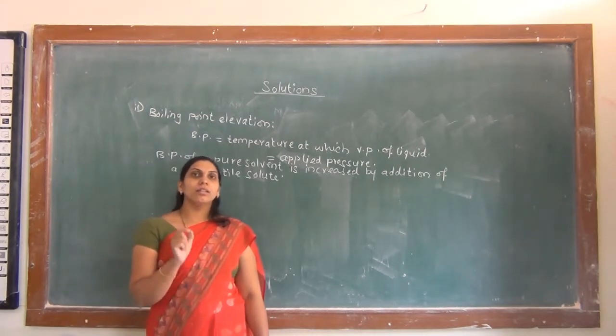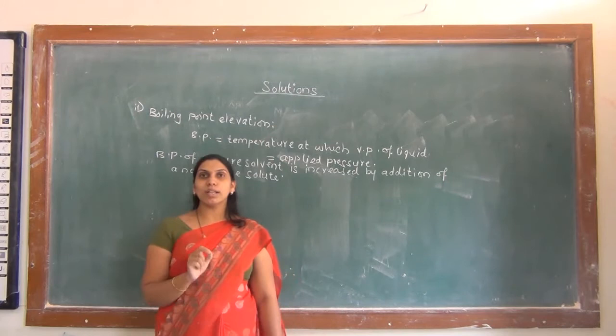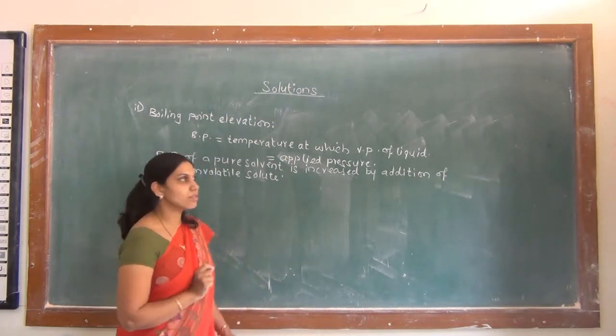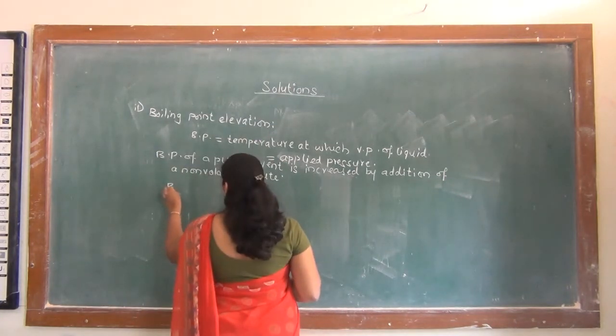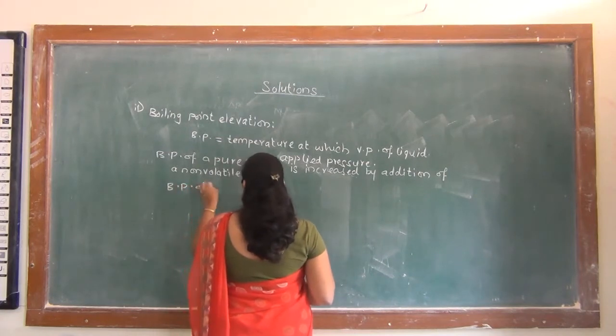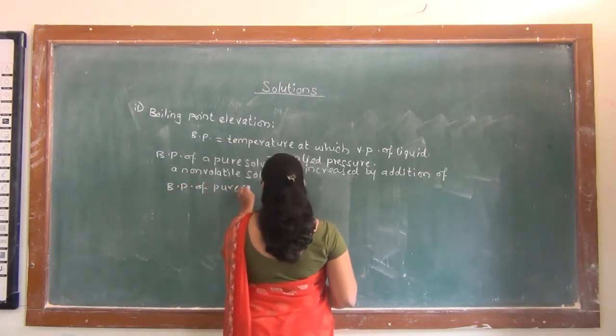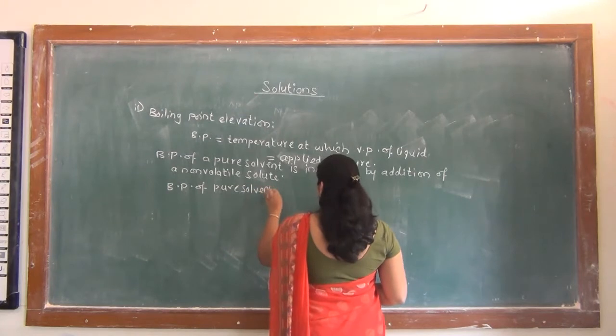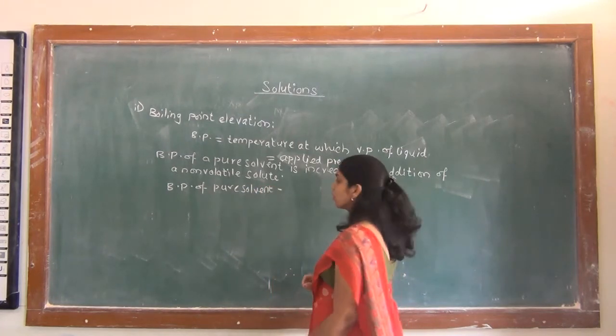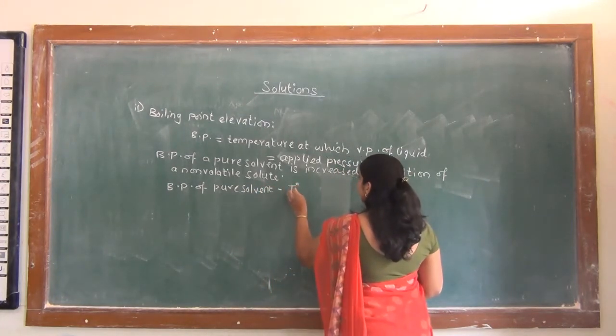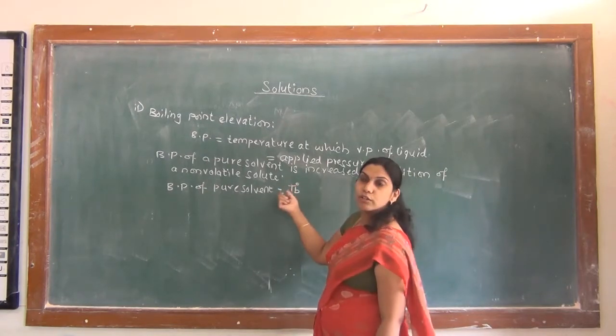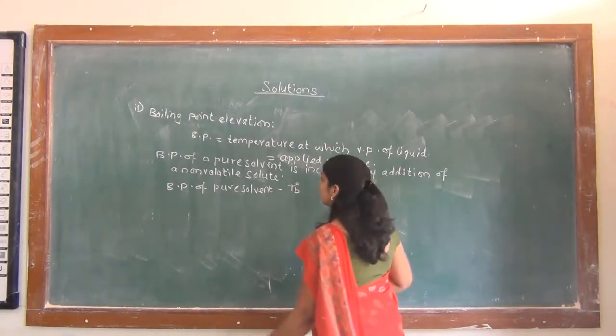Consider that the boiling point of a pure liquid is TB0. Boiling point of pure solvent is T0B. 0 always refers to pure state.